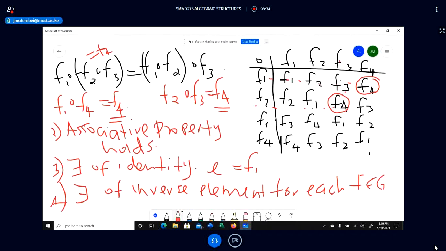So for each member of G, do we have an inverse? And we check this by concept. Since we have said that our identity element is F1, for each row or column we look out for F1.